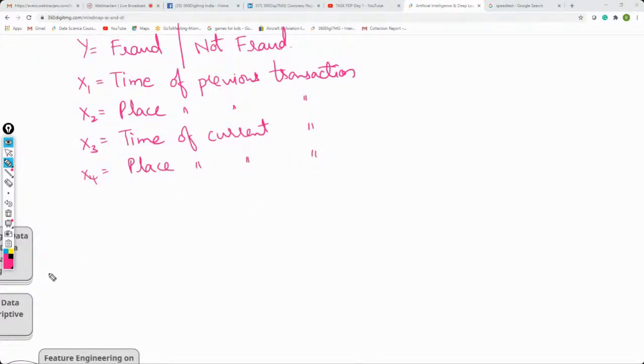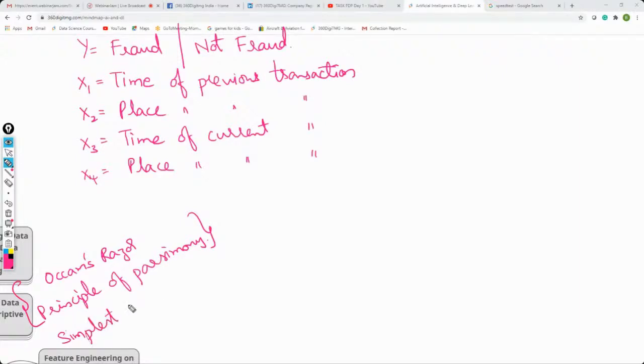Now there is something called Occam's razor. It is an English term, okay? Occam's razor or principle of parsimony. These two are English terms, my dear friends. And these two mean that the simplest of the techniques, in our context the simplest model, is the best.